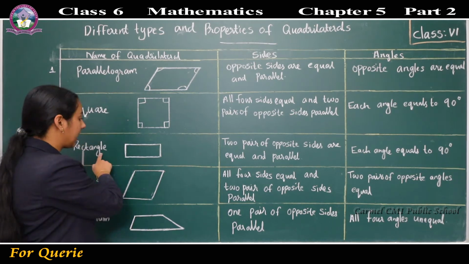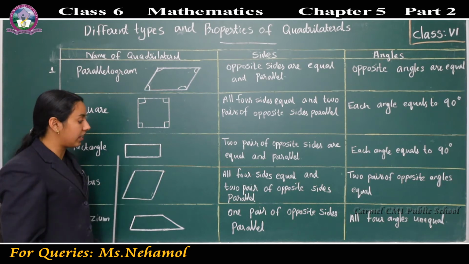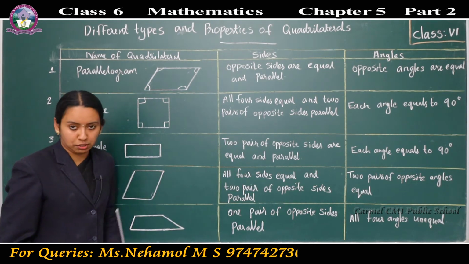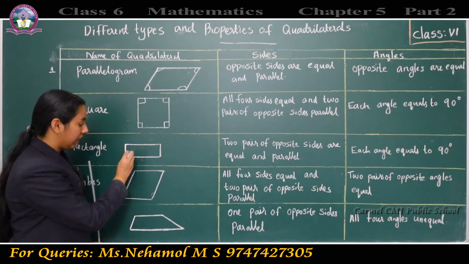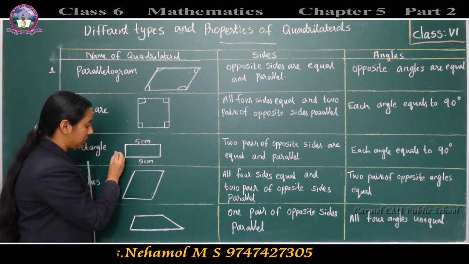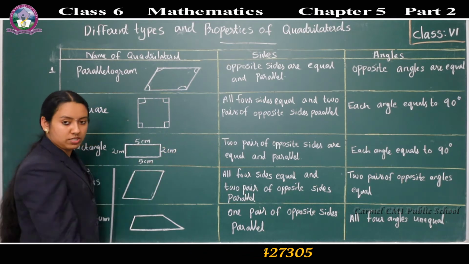Then next one, rectangle. This is a rectangle. Four sides are there. Two pairs of opposite sides are equal. If this side is 5 centimeter, this will be also 5 centimeter. If this side is 2 centimeter, this is also 2 centimeter.